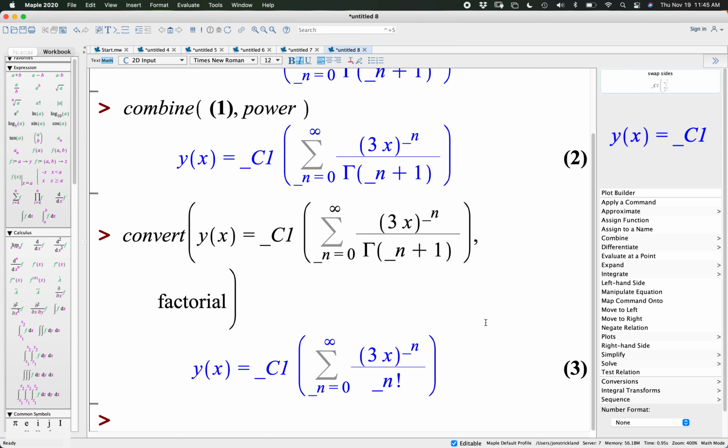Before, I had the original answer in terms of the gamma function, but if I type in the command convert, take this, and then enter a comma, factorial, this is going to be your answer. And this will be a constant, and this is your compressed series notation for what represents e to the 3x.